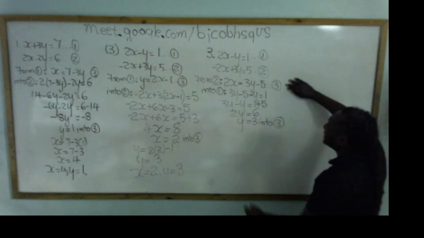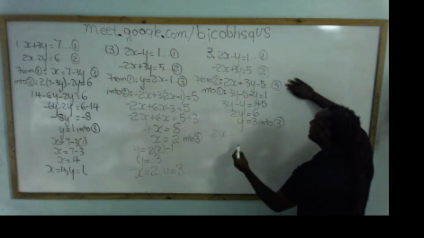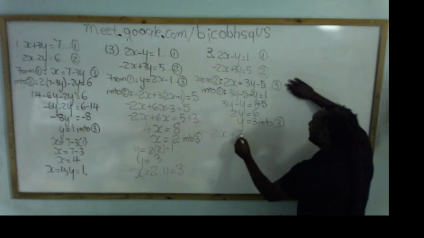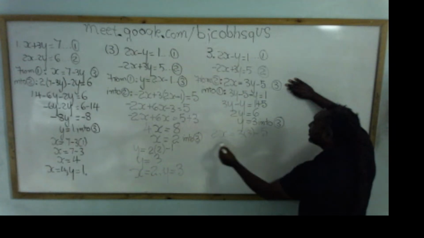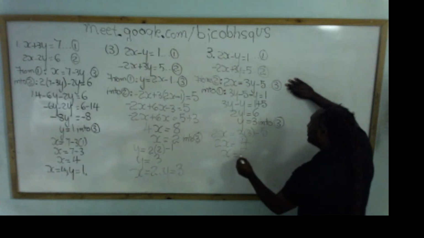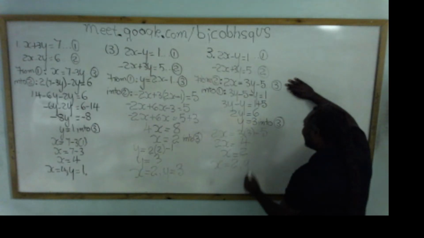So we'll have 2x is equal to 3 times 3 minus 5. So 2x is equal to 4, so x is equal to 2. We finish up by declaring that x is equal to 2, y is equal to 3.